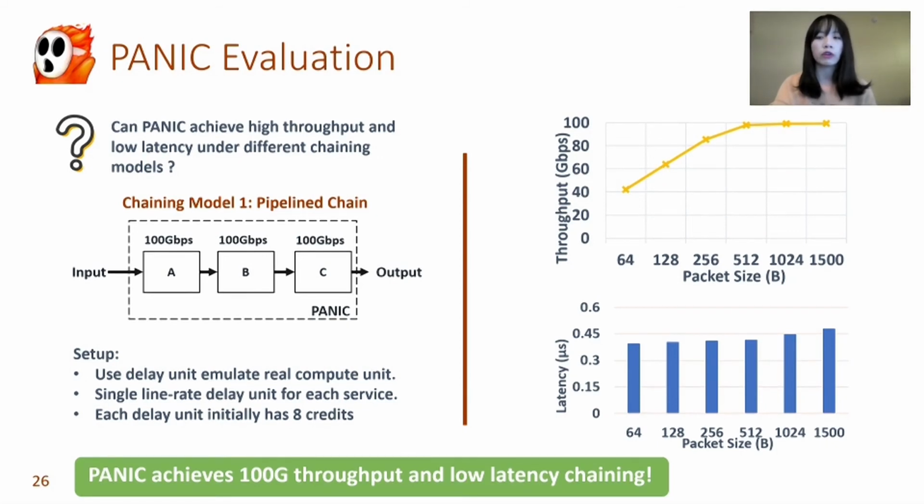Also, Panic can achieve 40 gigabits per second throughput, even with the smallest packet size. We also measure the latency of different packet size. The result shows that a packet can be scheduled through 3 units within 0.5 microsecond. This low latency arises due to the push scheduling. The experiment proves that Panic can achieve 100G throughput and low latency chaining.